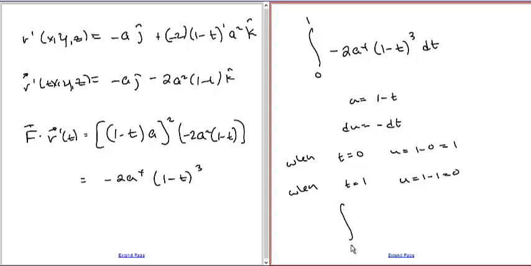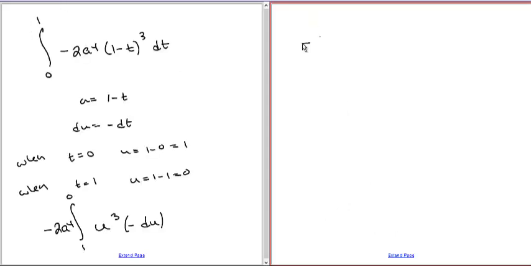So we integrate from 1 to 0 of, and let's factor out negative 2a to the fourth. And then we have u cubed times negative du from here. So we get negative 2a to the fourth, u to the fourth.